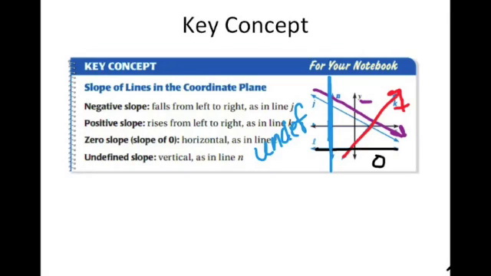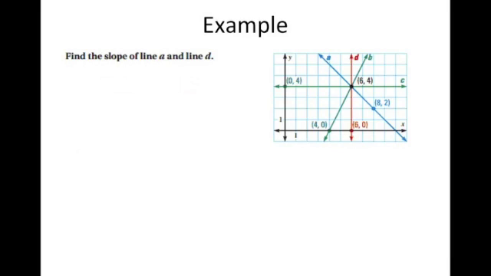Let's look at the geometry part of this. Okay? But before we do that, I want to just make sure we can calculate slope. So let's do the slope of line A. You see line A goes through the points (6, 4) and (8, 2).